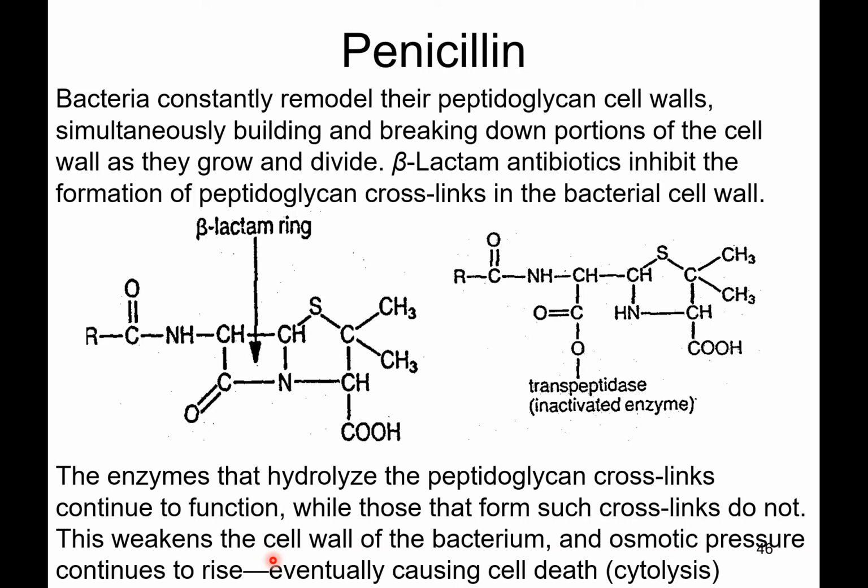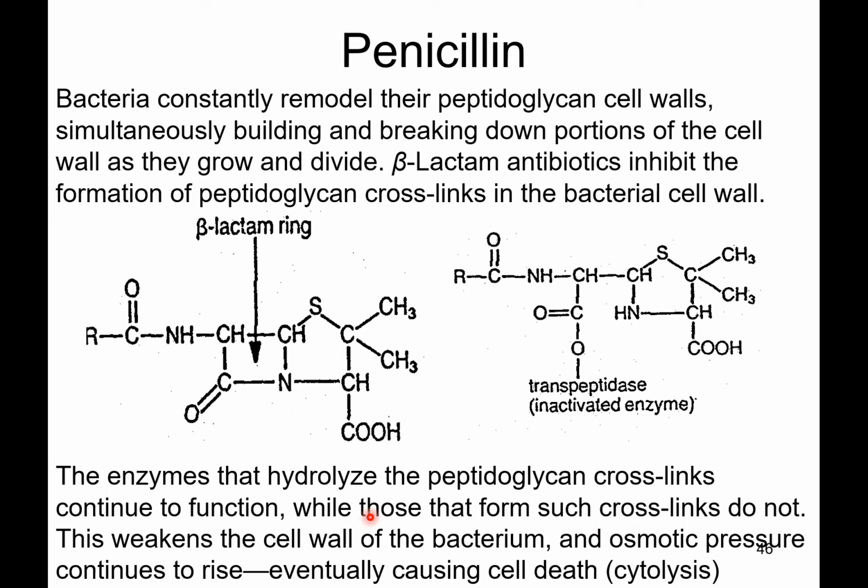Okay. Another example of irreversible inhibition is from molecules like penicillin, and it's not really too important to know the exact mechanism, but they block enzymes that form the cross links in this beta lactam ring.